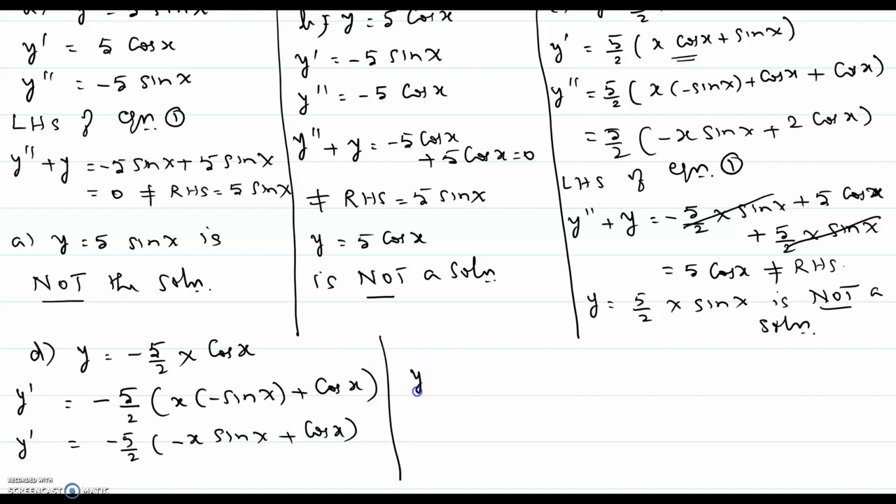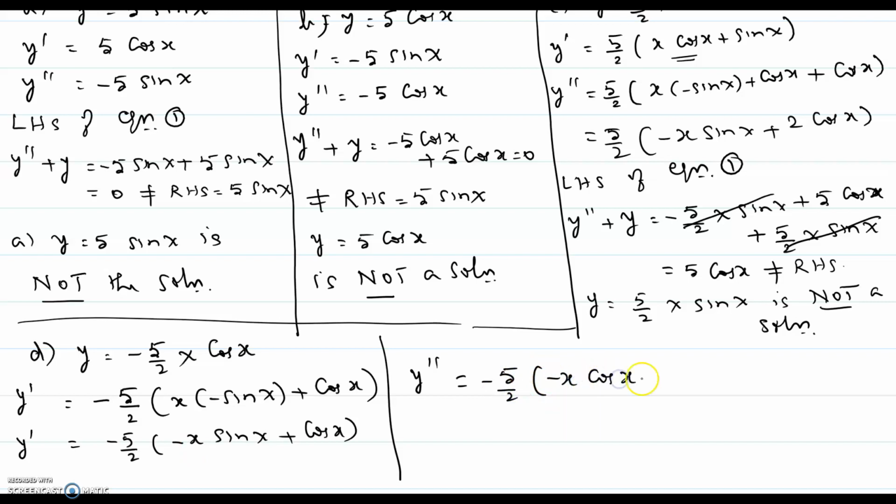Then we will find the second derivative. That will be y double prime, that is negative 5 halves times negative x times the derivative of sine x, which is cosine x, plus sine x times the derivative of negative x, which is negative 1, then plus the derivative of cosine x, which is negative sine x.